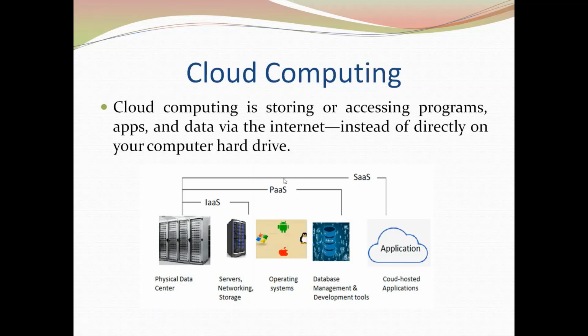An example of platform as a service is Microsoft Azure. Here the development tools are available as part of the server of the cloud. And the third service model of cloud computing is infrastructure as a service.